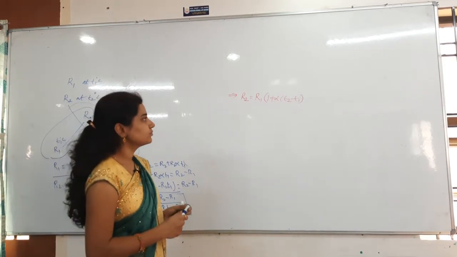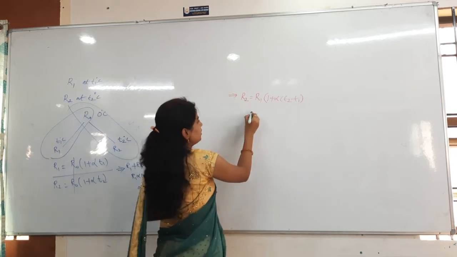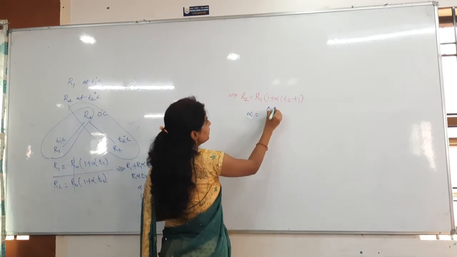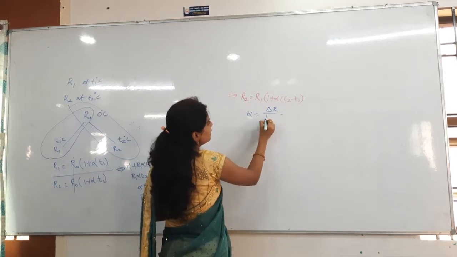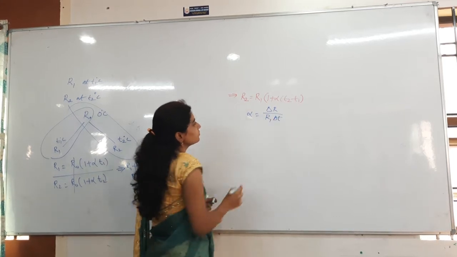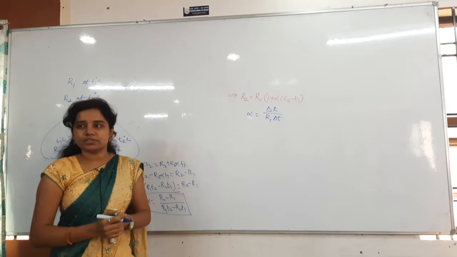Then alpha is equal to what I can write simply? Delta R by R1 into delta T. That is the alpha value for that.